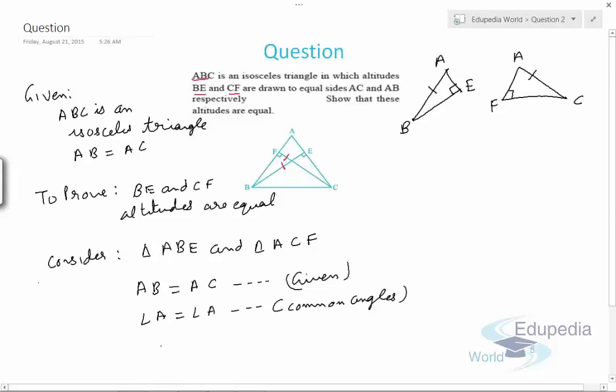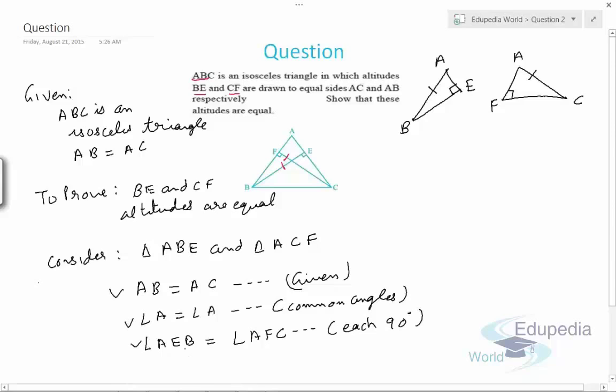Okay, we have two conditions. So for the third condition, we can say that angle AEB equals angle AFC, so each is 90 degrees. Why each 90 degrees? Because BE and CF are the altitudes, so they are each 90 degrees. So we have three conditions, 1, 2 and 3.